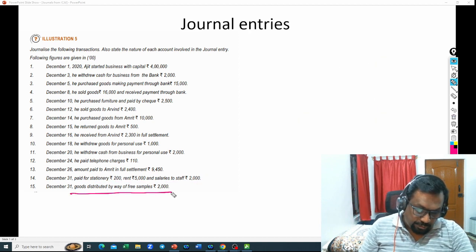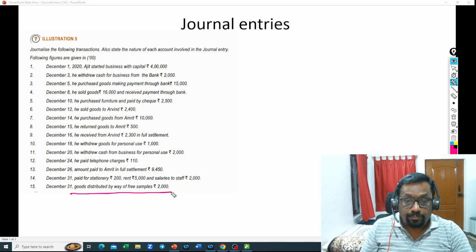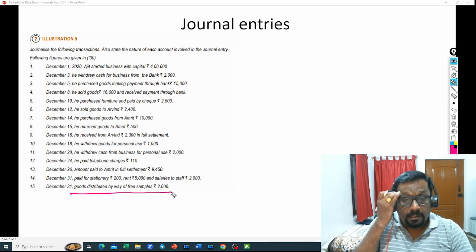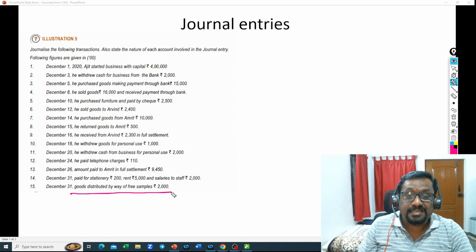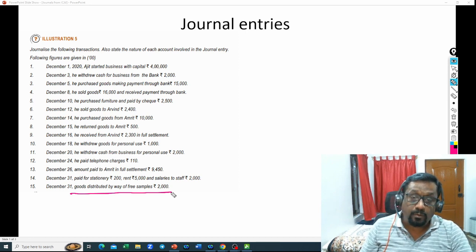Then goods distributed by way of free samples. This is a very important point, guys. Why do we distribute free samples? We distribute free samples to the public as a part of our advertisement. So whenever you see free samples, that expenditure we need to consider as an advertisement expenditure.